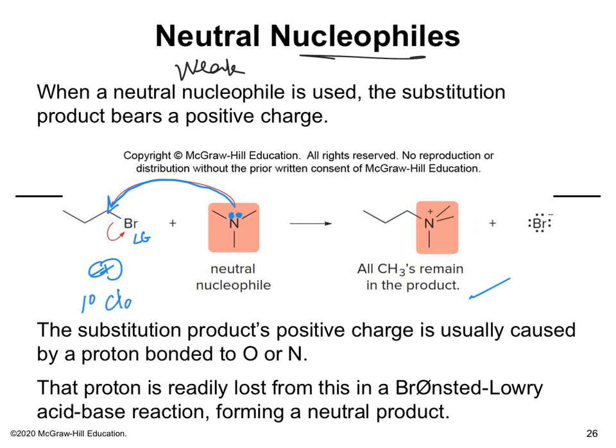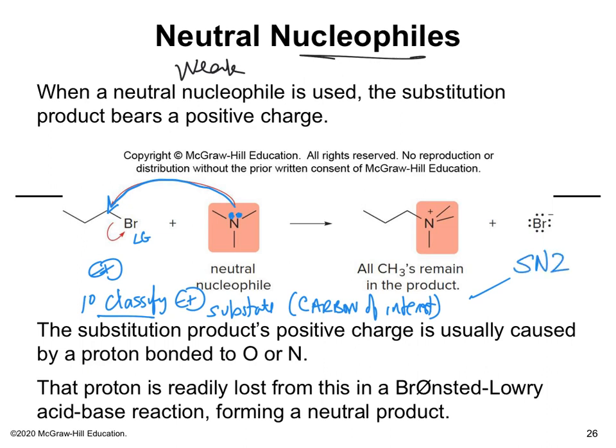You want to classify your electrophiles, and sometimes it's called a substrate. A substrate has the carbon of interest. You want to classify these because they're going to help you know whether this is SN1 or SN2. This is an SN2. You see how you have two curved arrows and there's no intermediate.